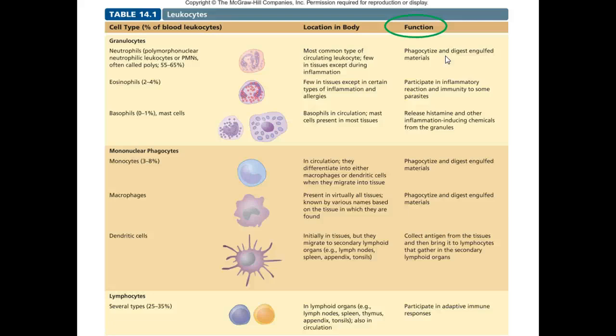So percentage-wise, you can see the percentage. Now, normal percentage, you're going to have a lot of neutrophils, but under infection, you're going to have even more neutrophils, right? And different types of infection, you're going to have different increases, right? Different variances in these percentages from normal. So for instance, for the next one, for eosinophils, notice these are important in the inflammatory response, again, because of what their granules are.